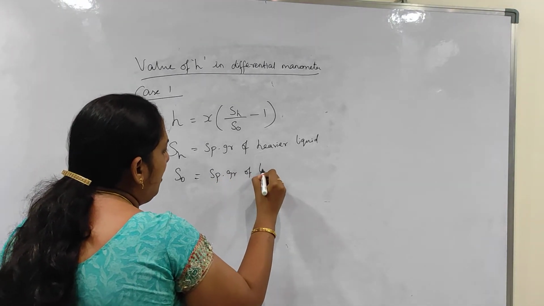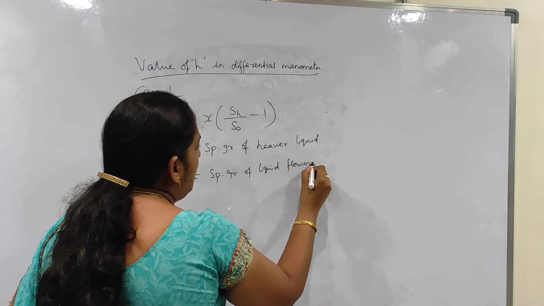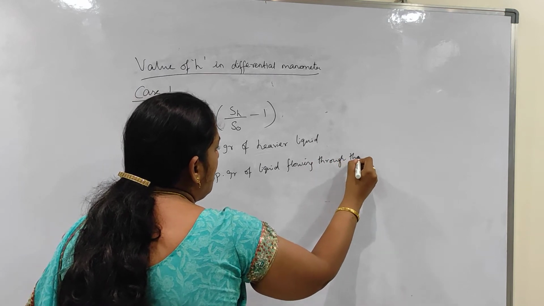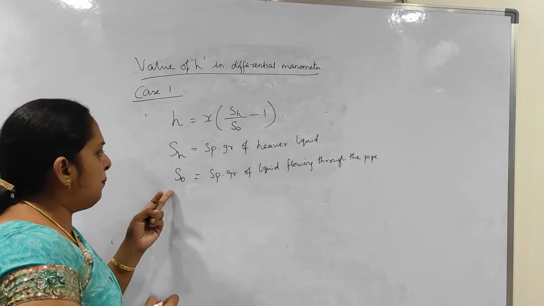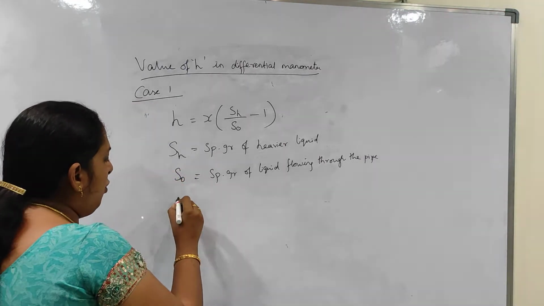The same notation we are using throughout: S_0 is the specific gravity of the liquid flowing through the pipe, and S_h is the specific gravity of your heavier liquid.